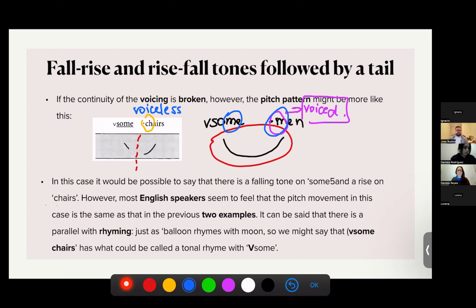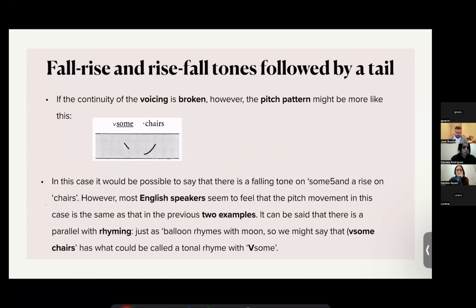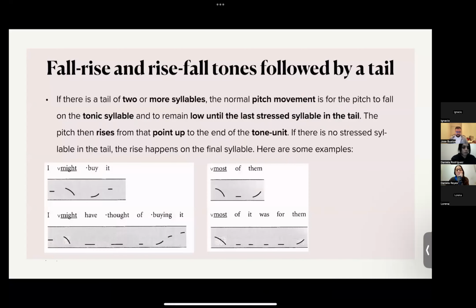But on the other hand, some chairs, some chairs. Is that clear now? Is that clear? Yes? Okay.